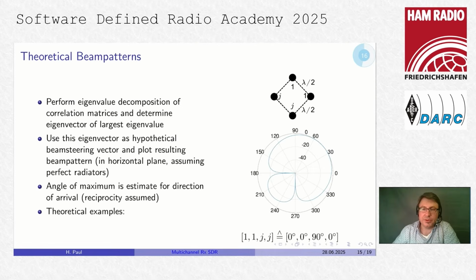Now, what do you get when you feed these two antennas with the same signal, but feed these antennas with a 90-degree shifted signal? Sorry, this is a typo. This should be 90 degrees here as well. 0, 0, 90, 90, it should read.